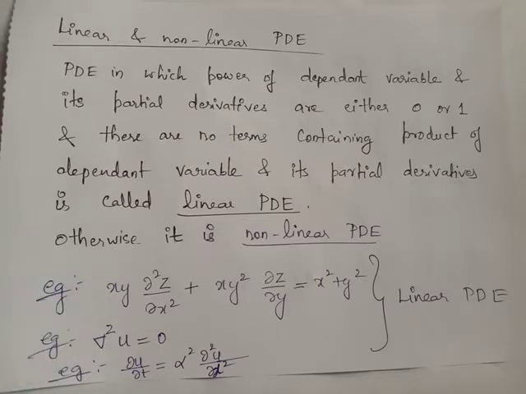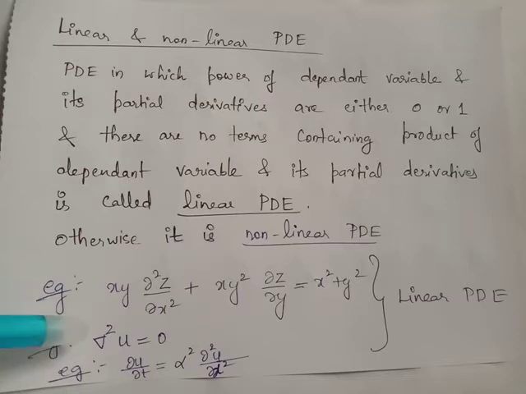The Laplace equation ∂²u/∂x² plus ∂²u/∂y² equals 0 has u as the dependent variable and none of its partial derivatives occur in product format along with the dependent variable u, and hence this is an example for linear partial differential equation.